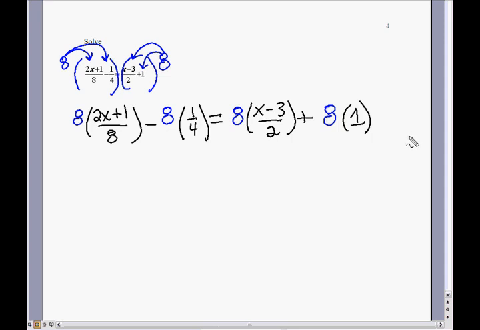Now I wrote this next to each term so that we can see how we're going to reduce our fractions. That way we can clear our fractions.